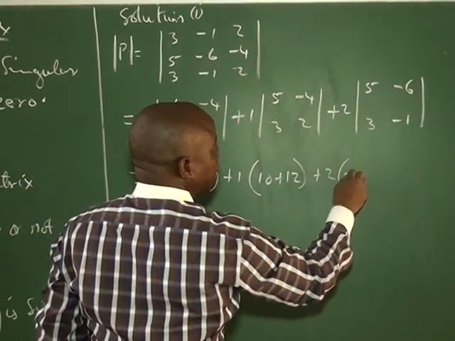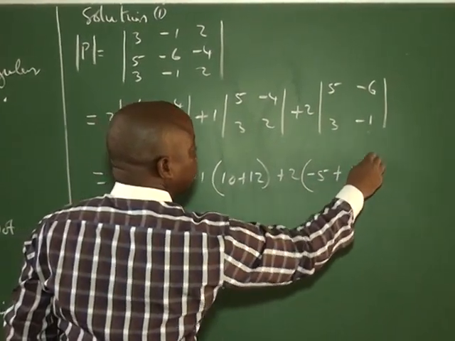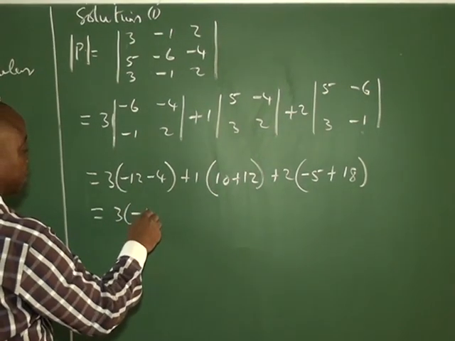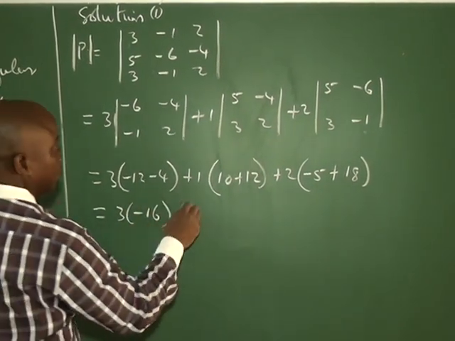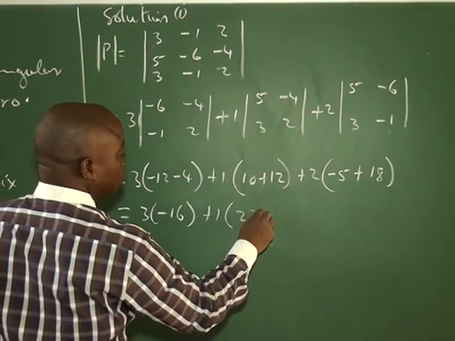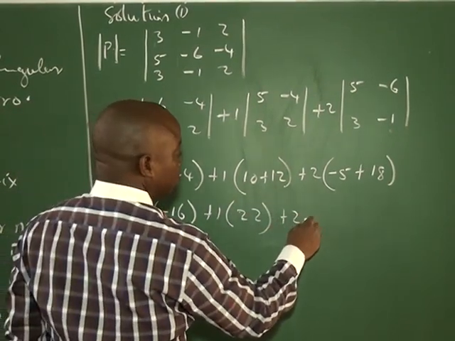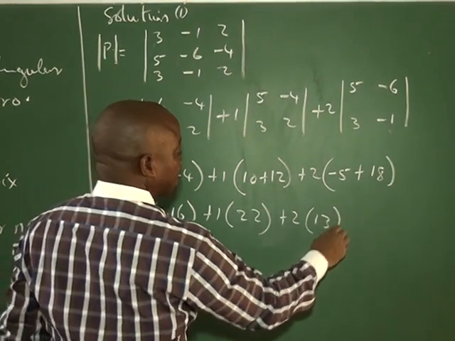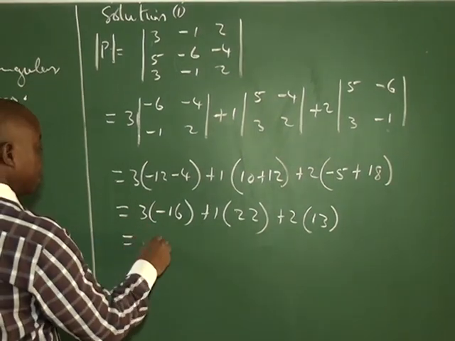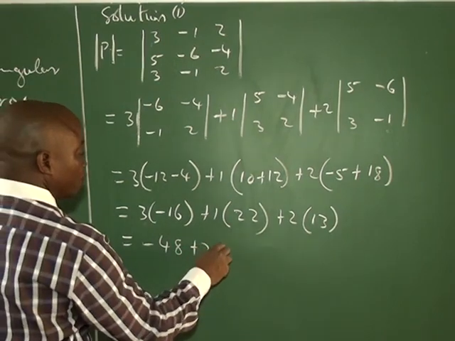Plus 2, 5 times this is minus 5. That is 5 times minus 1 plus 18. And then we'll have 3 times minus 16 plus 1 times 22. That is 10 plus 12. Plus 2 times 13, that is 5 minus 18.